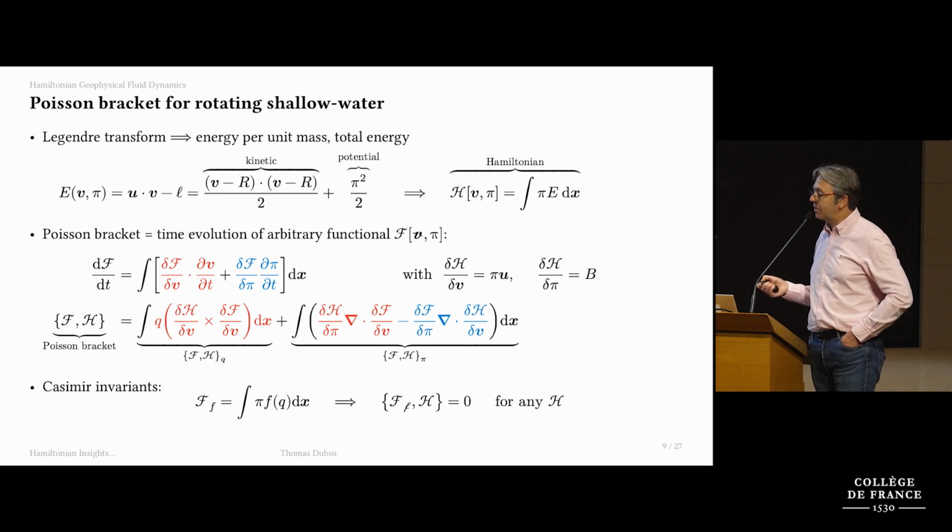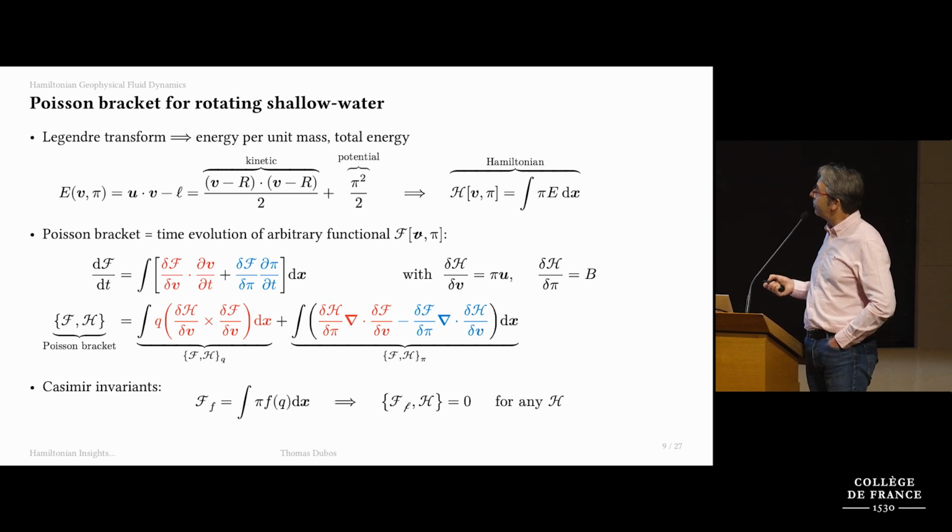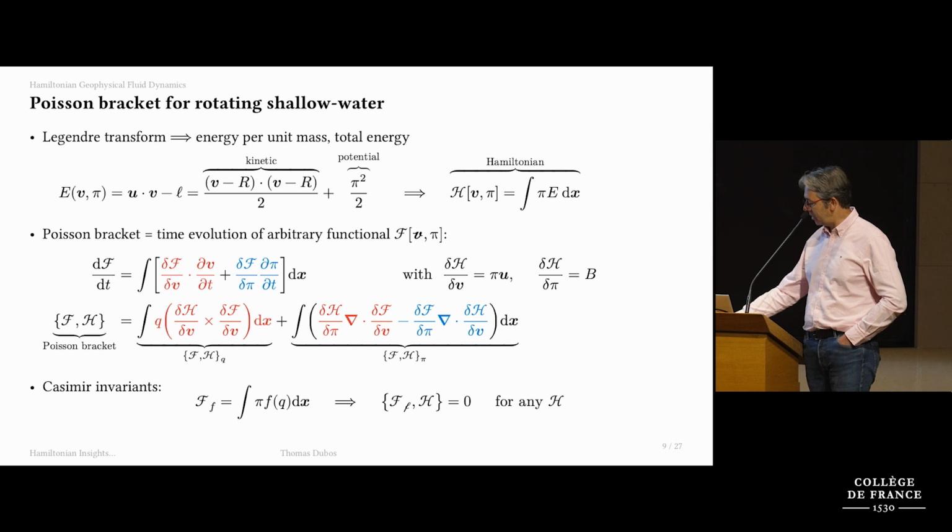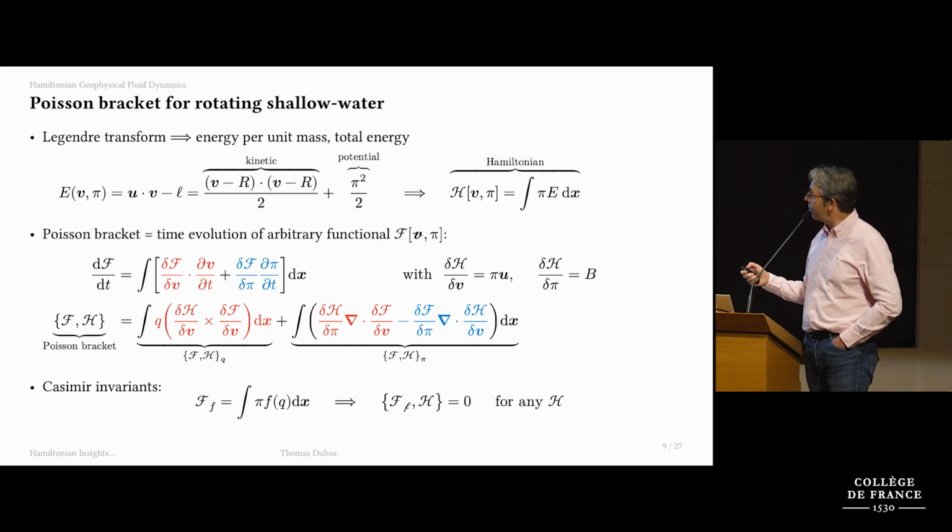And in this case, because of the gyroscopic term, V is velocity plus the planetary velocity R. So you have to subtract it and square to obtain kinetic energy. And then now you have plus potential energy. So the energy is the more intuitive quantity for physicists, at least. So when you integrate it with mass weighting, you obtain the Hamiltonian.